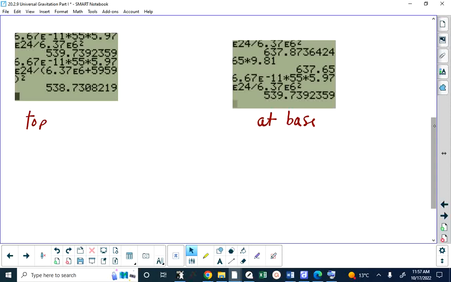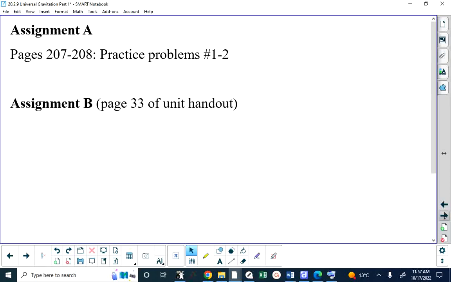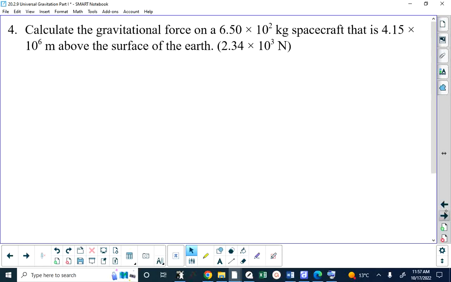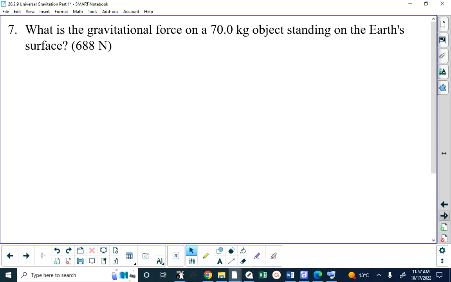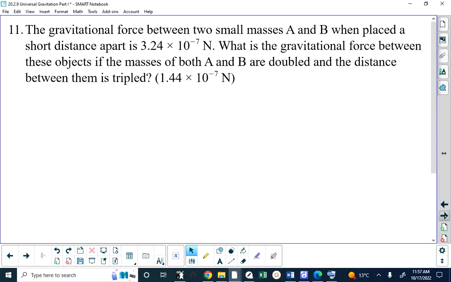That's the bottom line. I'm going to give you just a couple of these problems that I would like you to do as practice for tomorrow. You can circle number 7, 8, and 9.